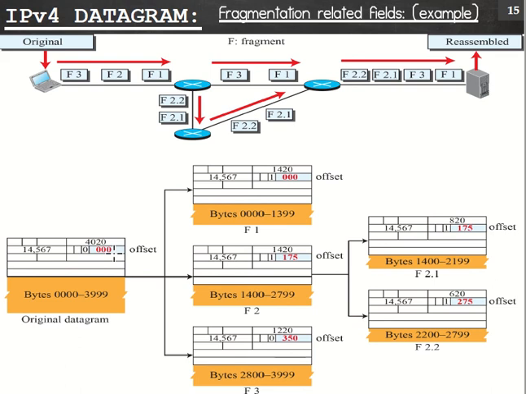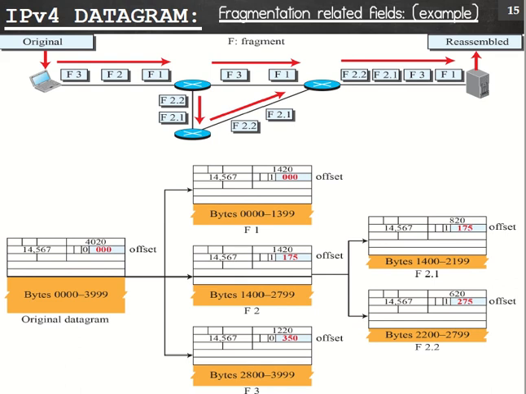So that is this case: more fragment is 1 earlier, and here it is 0. The receiver has to verify this M bit, and based on that it can reassemble the data and send it to the upper layer.